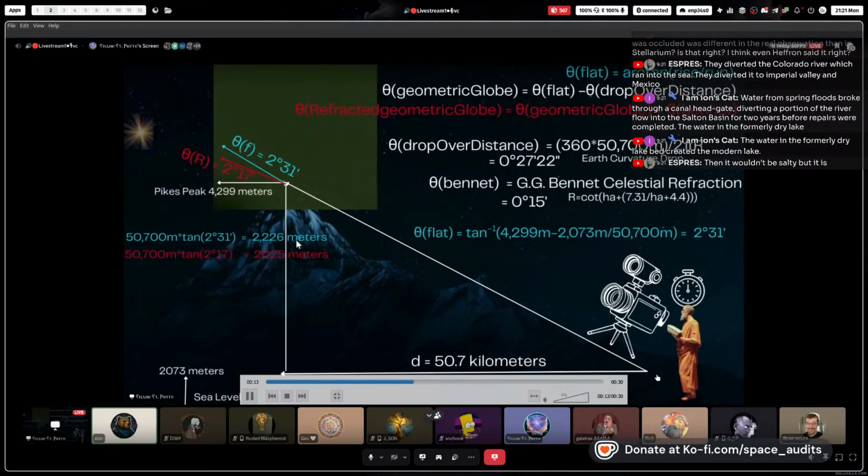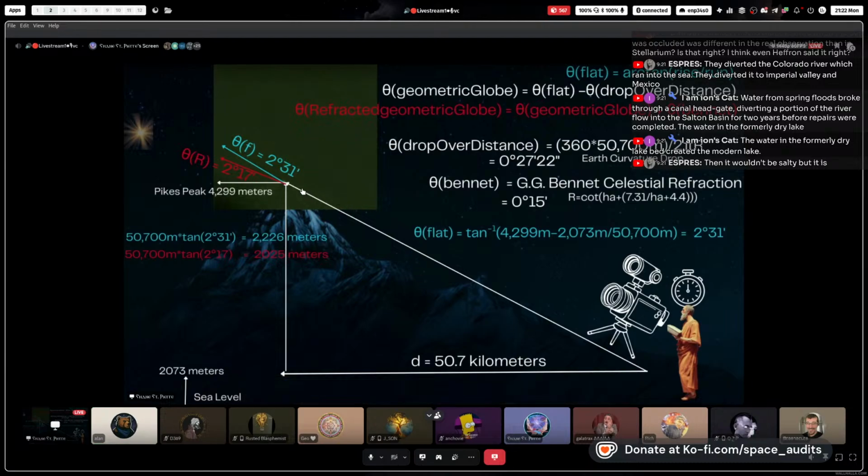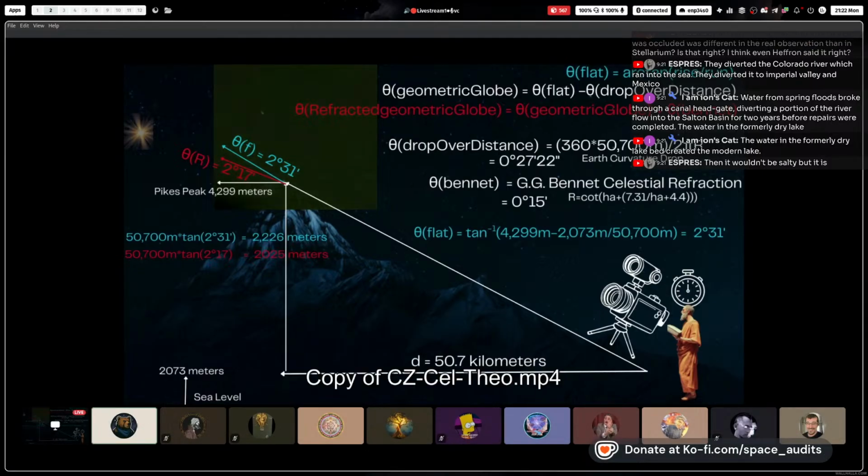So what we're doing with this timing interval and these angles is backwards deriving where the physical object would be in three-dimensional space, like this mountain. Is it going to be at an elevation where we're predicting, or is it going to be lower in reality, as the globe predicts?